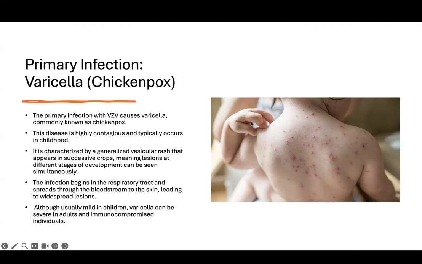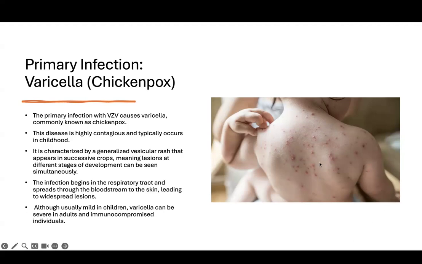What does that mean? You start to see these lesions, these vesicles, at different stages of development simultaneously. For example, you see very small vesicles that are growing, while you have other big ones that are already crusting. So this is what we mean by successive crops. It's very easy for a doctor to see, okay, you have varicella, chickenpox. It's very easily seen visually.